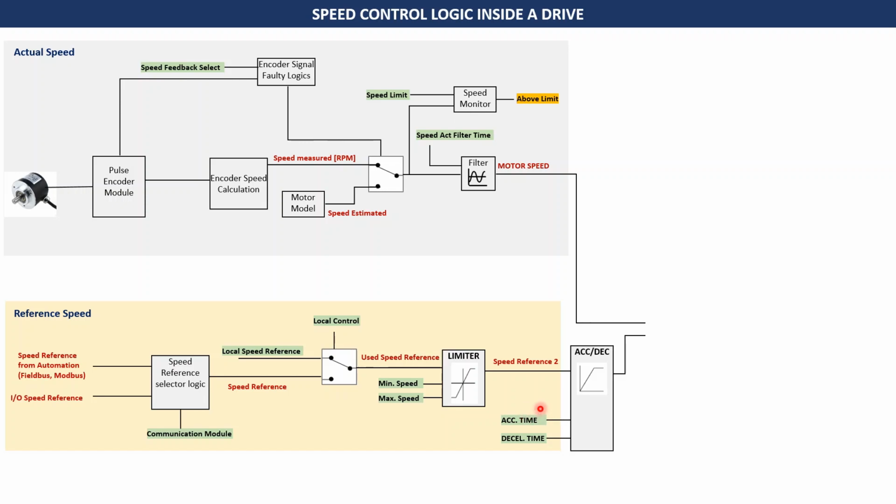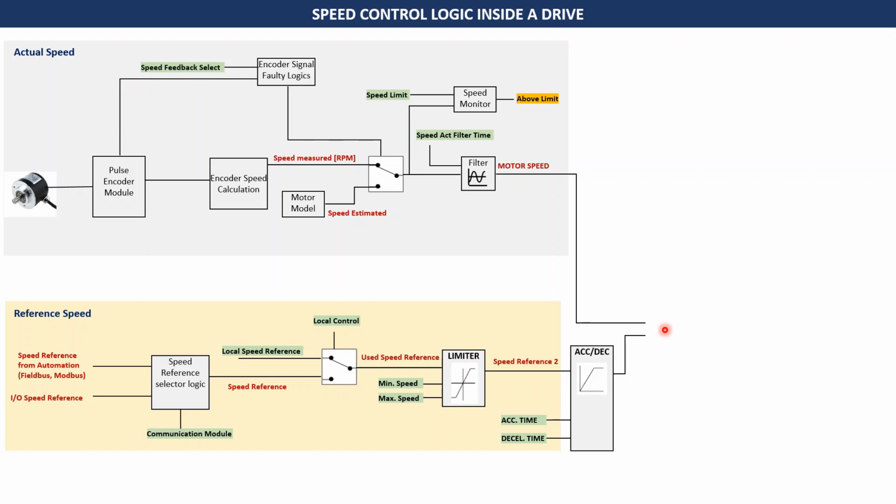This is the time duration in which you want the speed to rise from 0 to the maximum speed. Again, deceleration time is the entire duration of the slope which you want for the reference to come from the maximum speed to a 0 value. In case of ABB drives, this acceleration time is parameter number 22.01, and this deceleration time is 22.02.